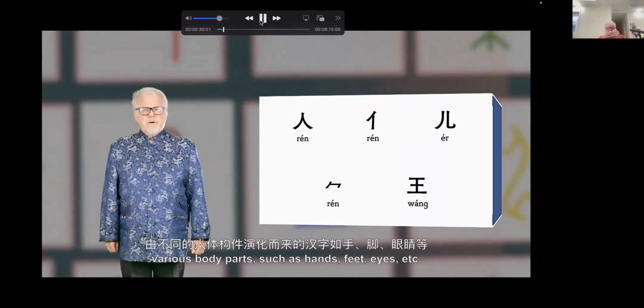And it's possible in the character Wang that some people who wrote it thought that it was an axe, and other people who wrote it thought that it was a person between heaven and earth. And so there are some characters that I can prove that this happened.